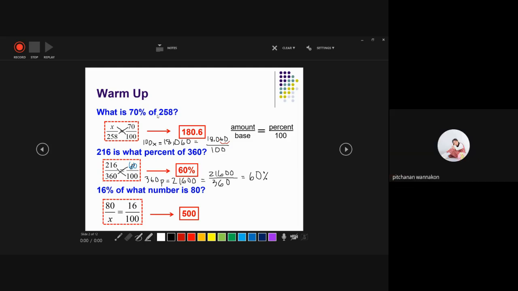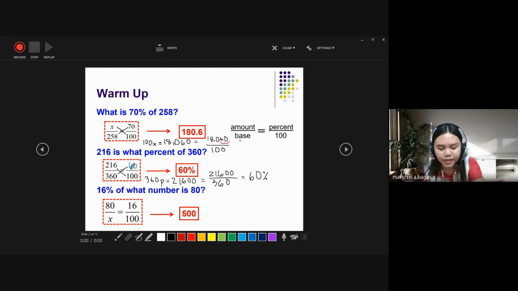When we say "of 258", 258 is our base. So we're going to write the base here. Base.